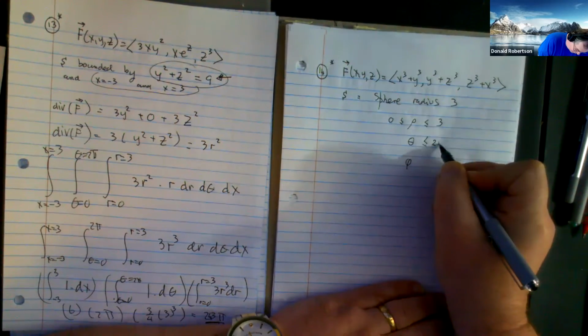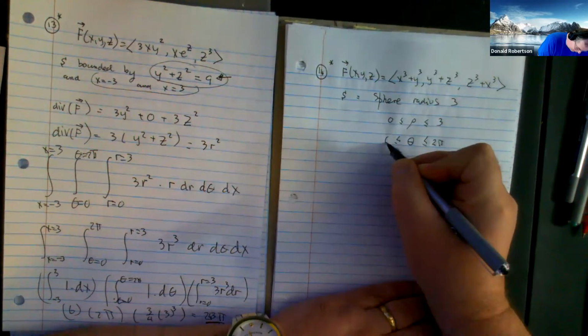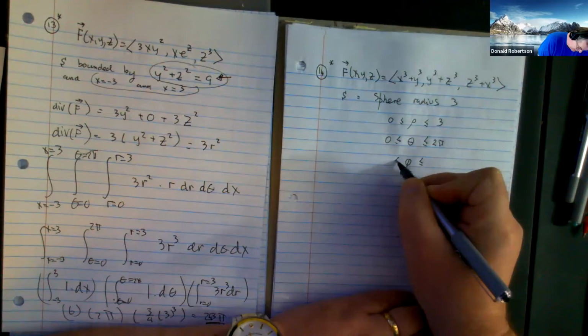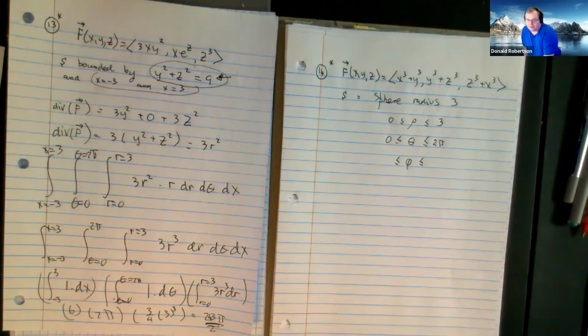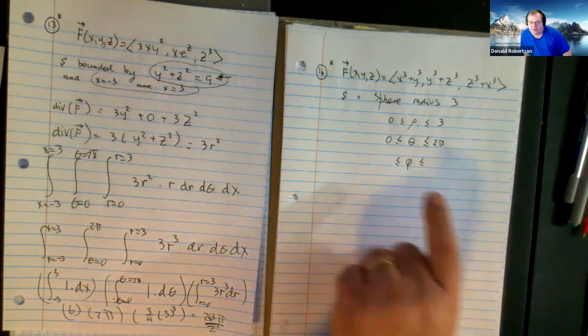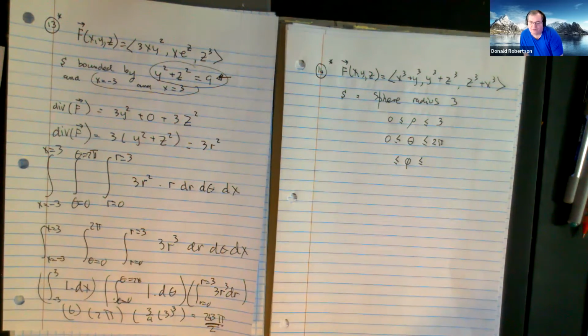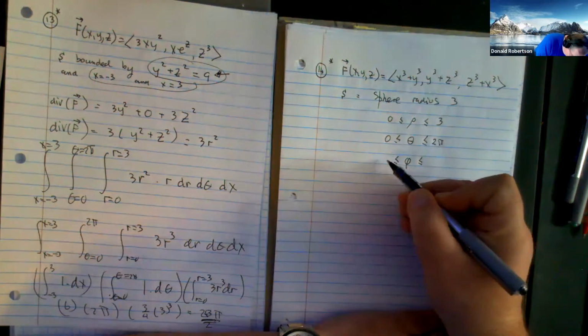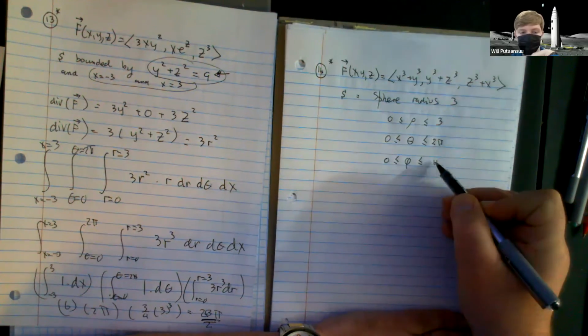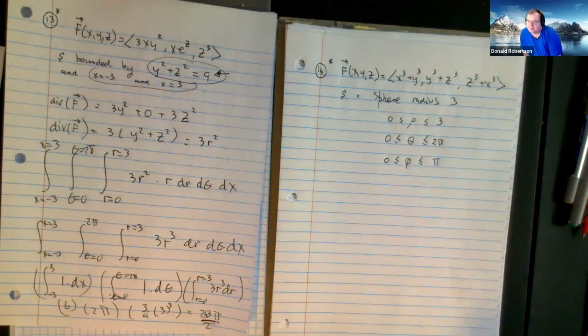Theta goes from 0 to 2 pi. For a complete three-dimensional sphere, what is the range of phi, the last guy? The phi, phi, fo, fum guy, right? The phi. This is a memory thing. Say again? 0 to pi. Correct. Are you comfortable with that?